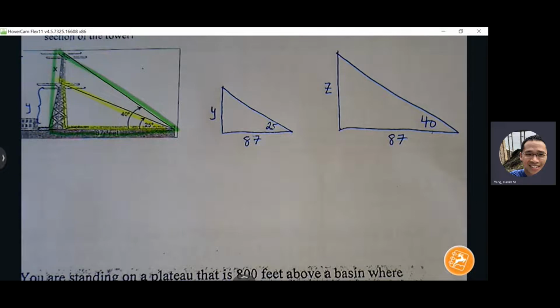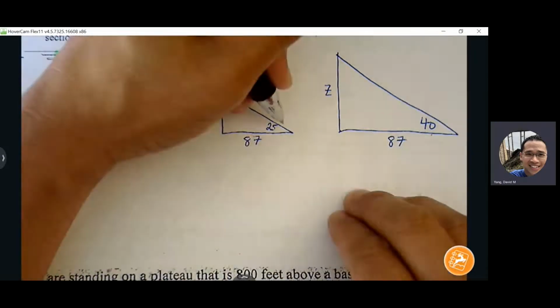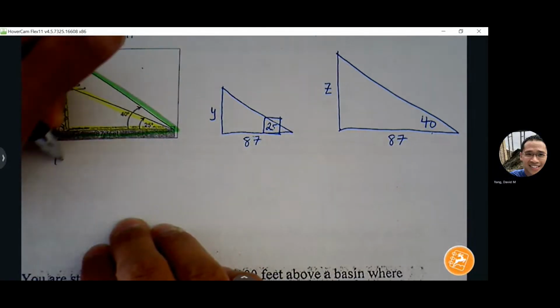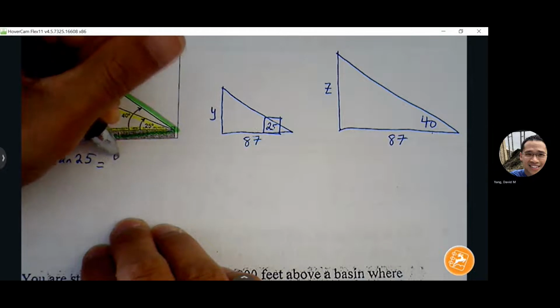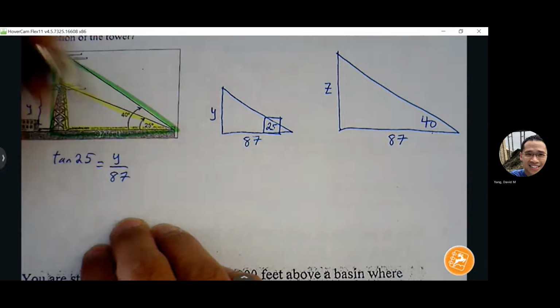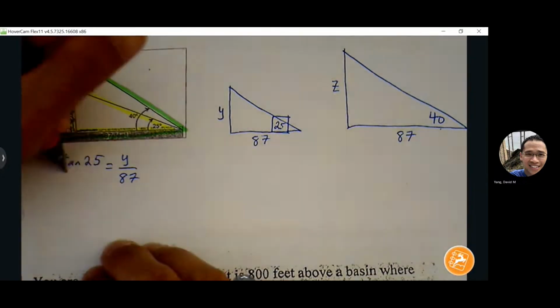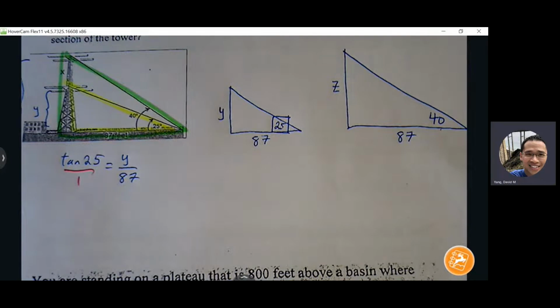What trig function can I use to get to y and z? Tangent, right? Because tangent is going to allow me to do opposite over adjacent. So cross multiply, solve for y.